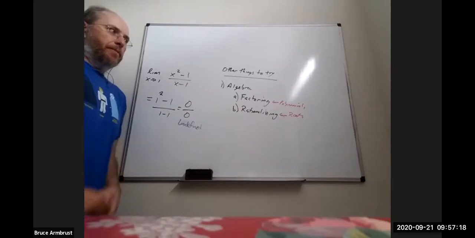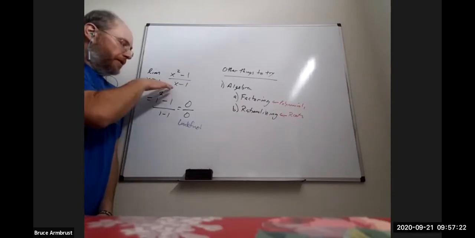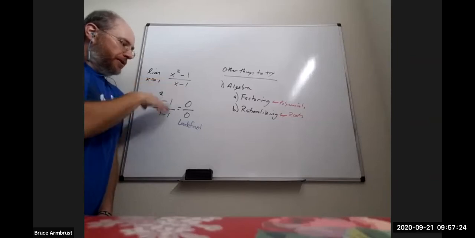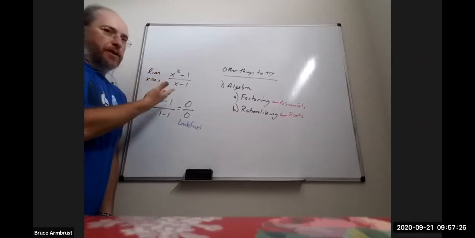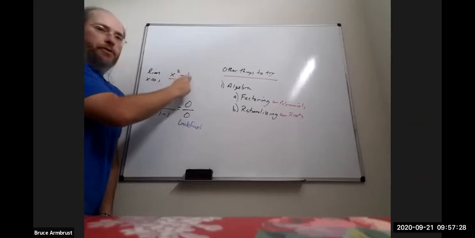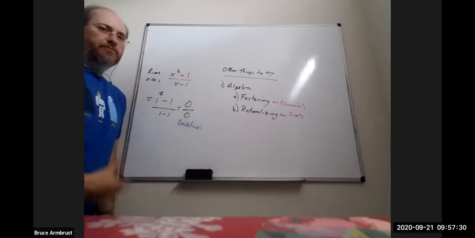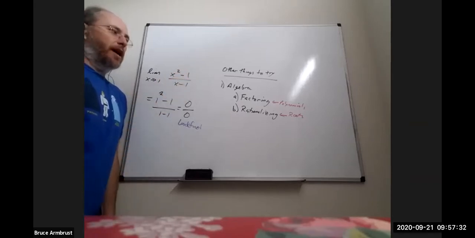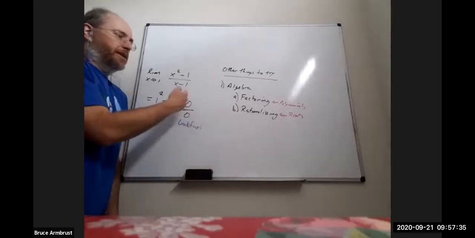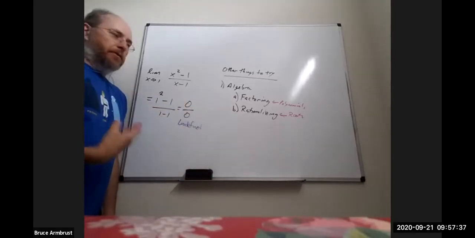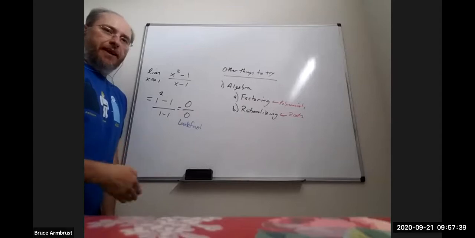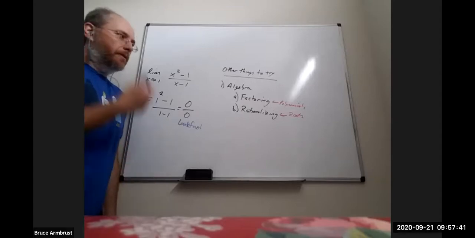So these two specifically, there are forms that will push you in that direction. Like if you look at this first one, the one that we just tried right here, factoring is what we're going to try because we've got polynomials on top and bottom. So it seems pretty natural to try factoring. We wouldn't try rationalizing because there are no roots. You're only going to try rationalizing if there actually are radicals.